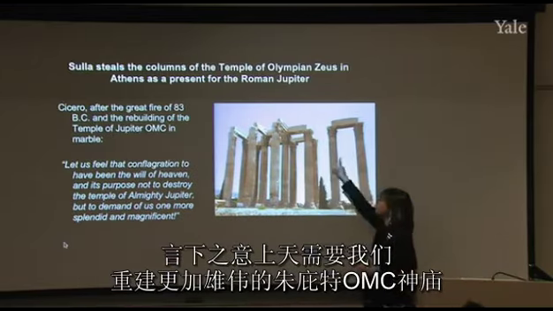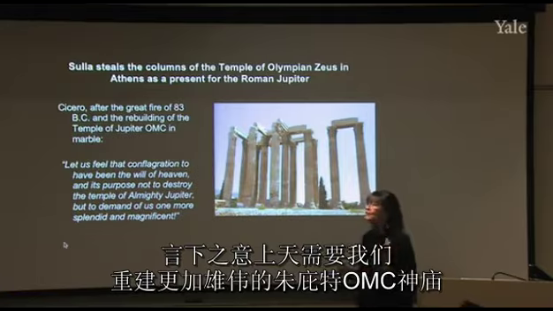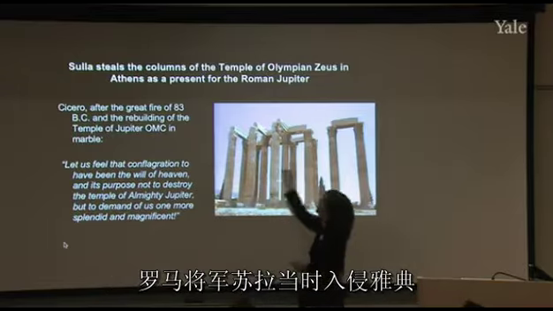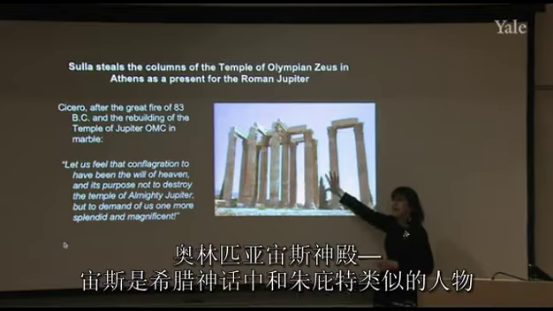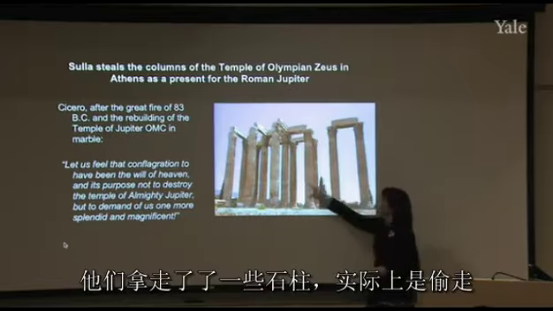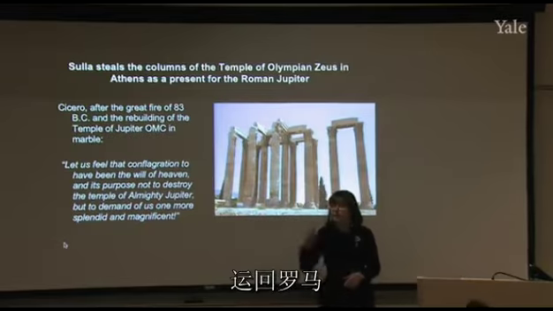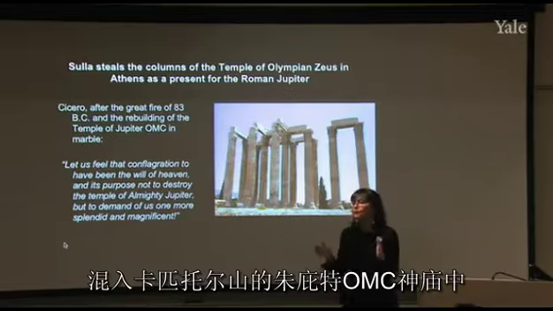And last comment I'm going to make is to make the temple of Jupiter OMC even more magnificent, the Roman general Sulla, who was sacking Athens at this particular time, goes into Athens, and after he sacks it, takes it over, conquers it, he goes up to the biggest temple in town, the temple of Olympian Zeus, the Greek counterpart of Jupiter, and he actually steals some of the columns from that temple, has them shipped back to Rome, and he incorporates them into the temple of Jupiter OMC on the Capitoline Hill.